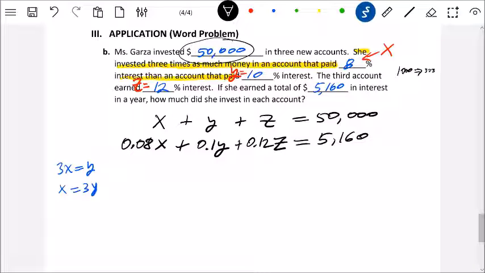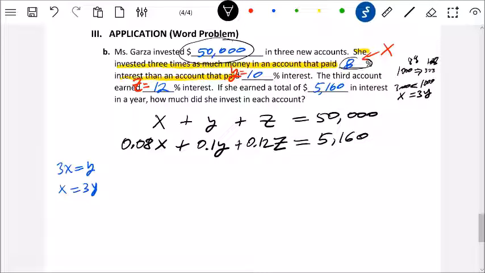Because this account has more than the other, we'd have to take the 10% interest one and multiply it by 3 to get the amount in the 8% account. Or think of it this way: if I have 1,000 in the 10% interest account, then the 8% one is going to have 3,000. So whatever amount Y is, it has to be multiplied by 3 to make it equal to X. So we have X equals 3Y.